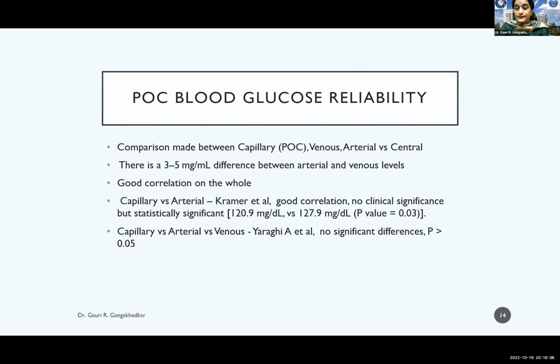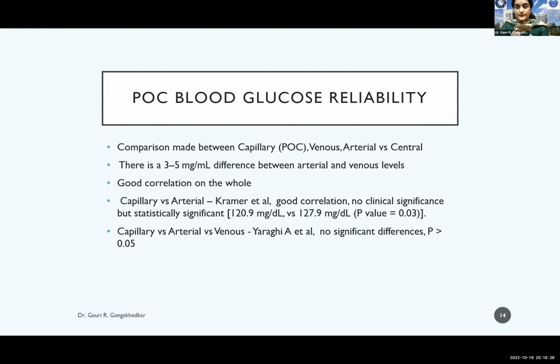Now, how reliable is this? In addition to looking at the reliability of point of care glucose testing kits, we also need to understand the difference in the samples, right? For instance, where for ABG you were only looking at arterial or venous samples, here you have 3 alternatives.